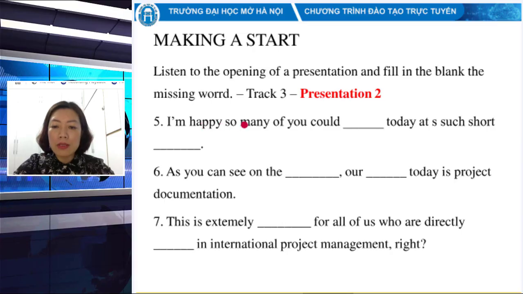As you can see on the screen, our topic today is project documentation. This is extremely necessary for all of us who are directly working in international project management.